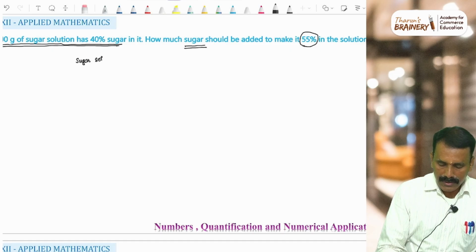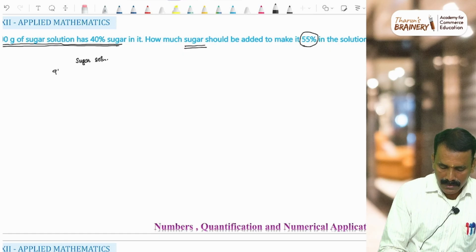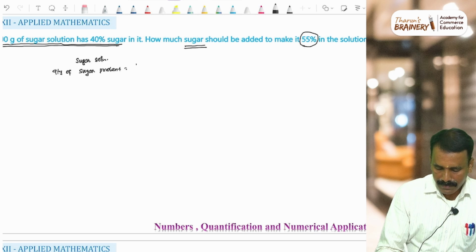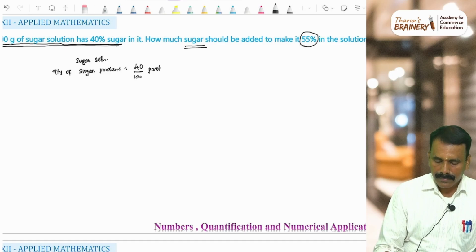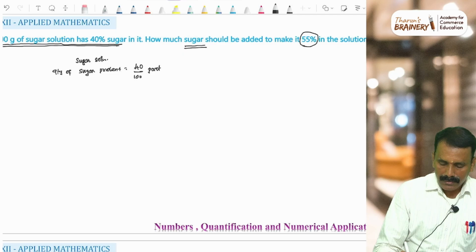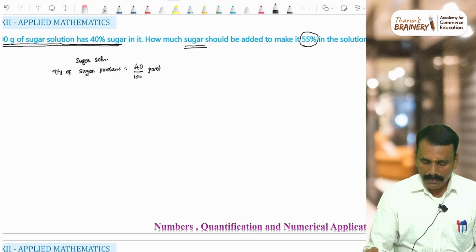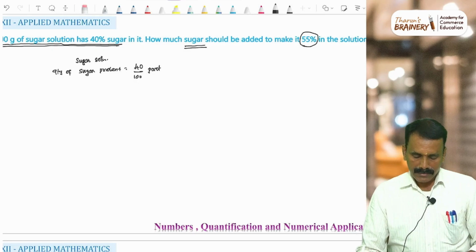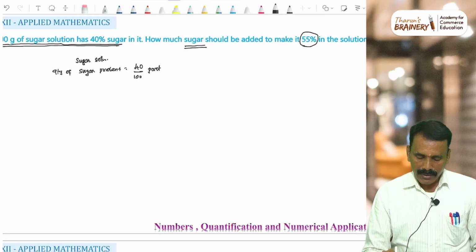In that sugar solution, quantity of sugar present will be 40 divided by 100 part. That is nothing but, we leave it as such, 40 by 100, or we have to keep the denominator as 20, that we will see in the future stages.